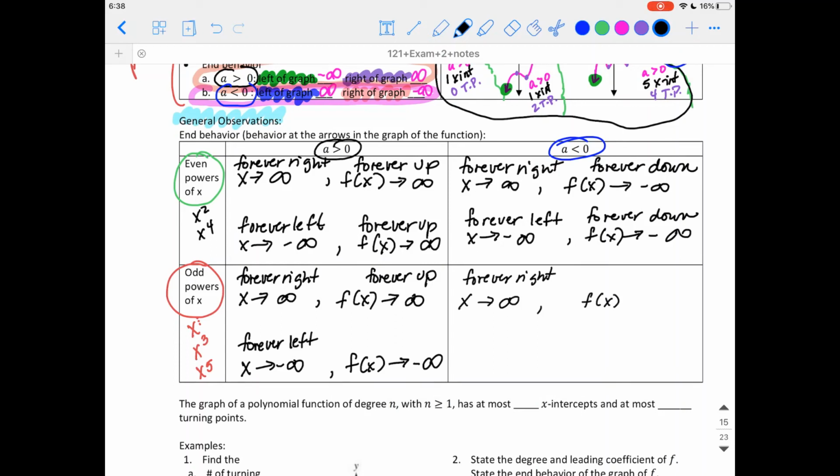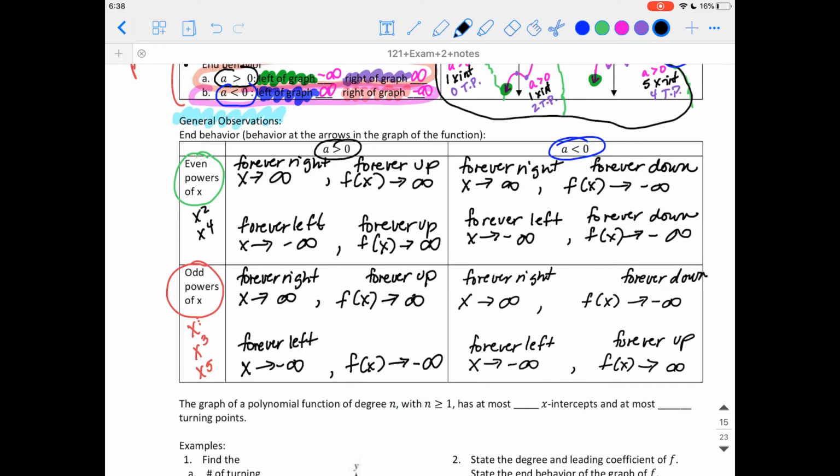Your y values are headed towards negative infinity because they're headed forever down. And then as x heads towards negative infinity, which is forever left, then your y values are headed towards positive infinity because they're headed forever up.